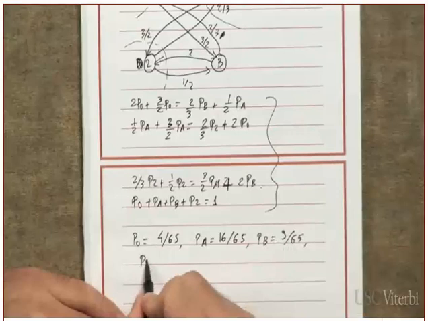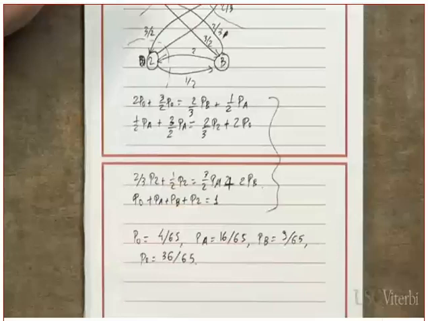Right? So what proportion of time would server B be available? Proportion of time server B is available equals PB plus P2, because in this B is available, right? We know that.